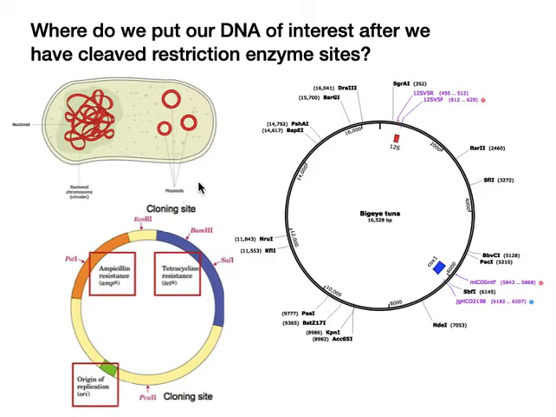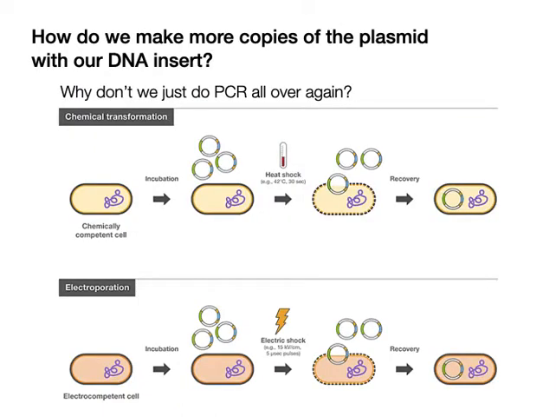So this is an example of a plasmid that contains, for example, an insertion of a gene like 12S, or the COX-1 gene, and these right here are the restriction enzyme sites. After we have incorporated our DNA of interest to the plasmid, it now becomes a recombinant plasmid.